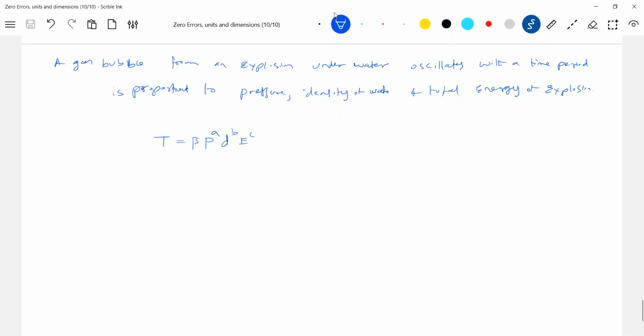Then T should be equal to: this should be M0 L0 T1. Pressure, M L minus 1 T minus 2, to the power a. Density, M1 L minus 3 T0, to the power b.